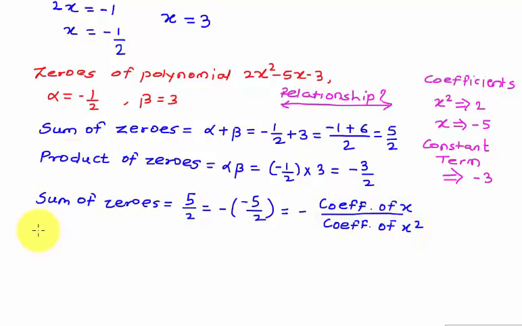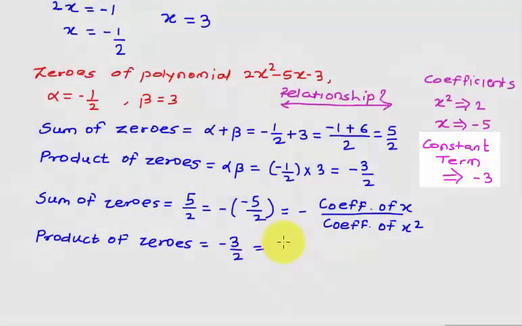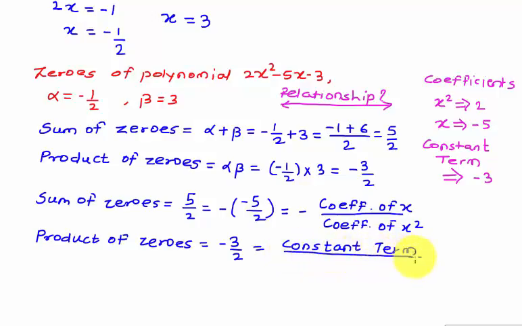Now let's check the other term, product of zeros, and let's find out is there any relationship between the product of zeros and the coefficient. So here minus 3 is nothing but constant term. So minus 3 we can write it as constant term divided by 2.